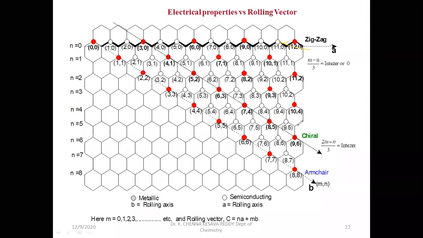That means chiral has two chances: either it may become metallic, or it may become semiconducting. But zigzag is semiconductor, chiral is metallic or semiconductor, armchair is only metallic. That means, based on the rolling vector, the electrical properties of your carbon nanotube are varying. Okay. So now let us see what this folding is and how we can compare it.